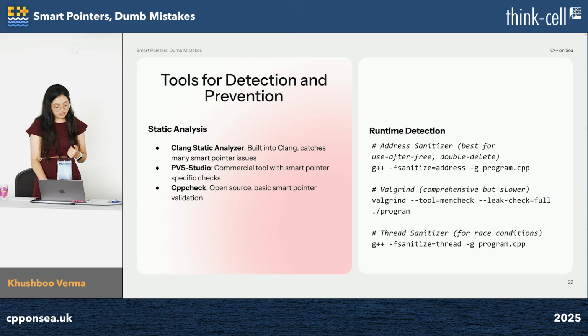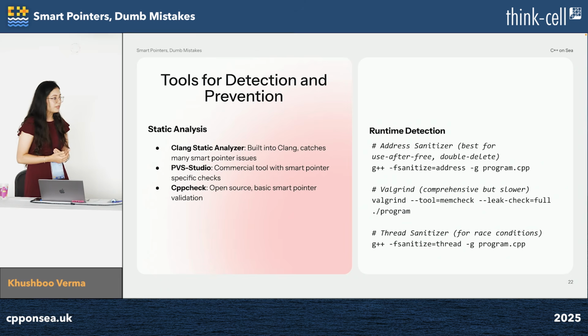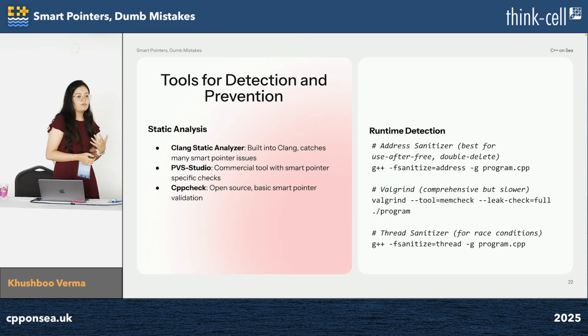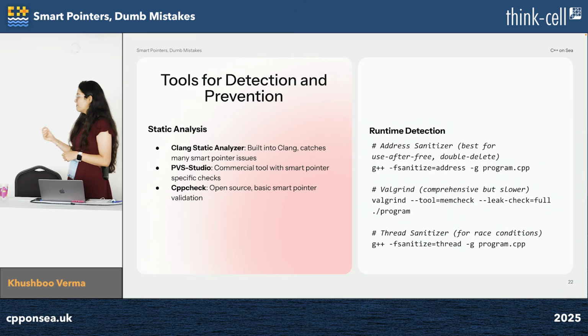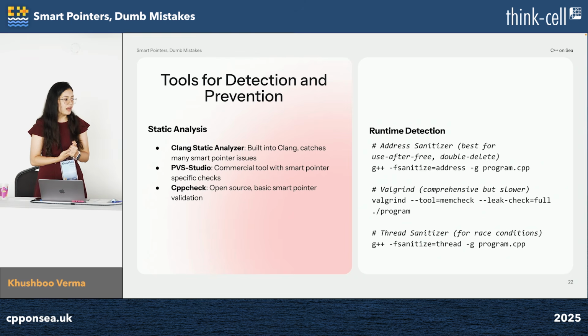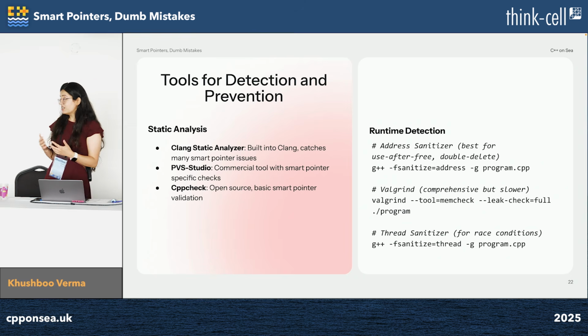There are certain tools that you can use to detect and prevent these scenarios from happening. I know that a lot of modern compilers also issue warnings when you try to access unique pointers or the memory in an unsafe way. For example, when I ran a couple of code examples, it told me that there is a use-after-free error, which means that I'm trying to use memory after I've already freed it.